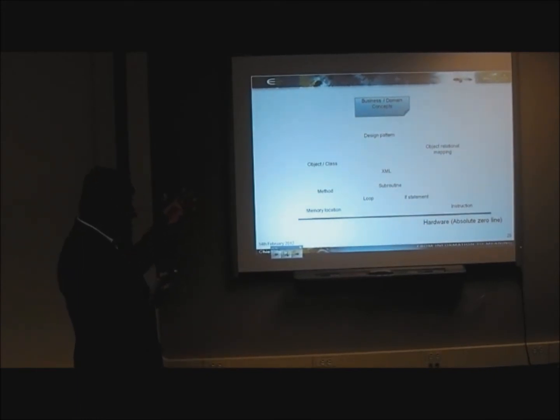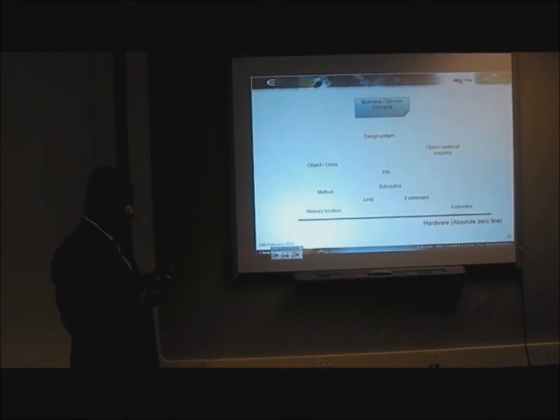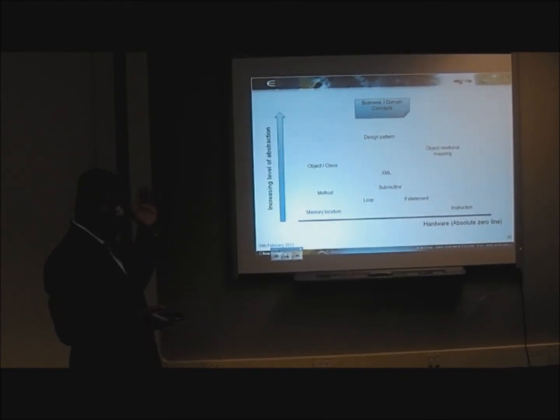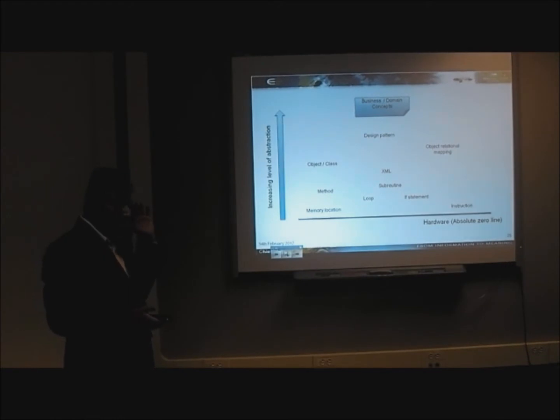If you think of design patterns versus memory locations, design patterns are at a much higher level of abstraction. Why? Because you need a lot of detail added to the design pattern for it to run on hardware. So the level of abstraction increases in this direction.